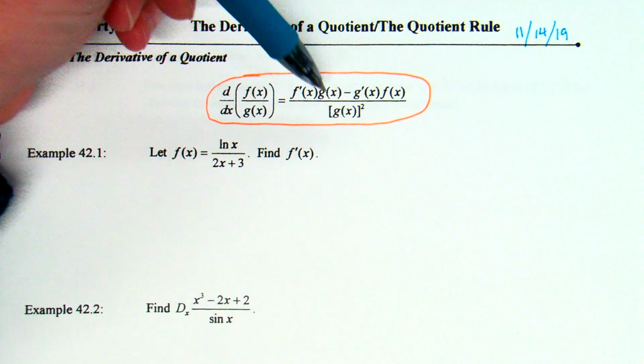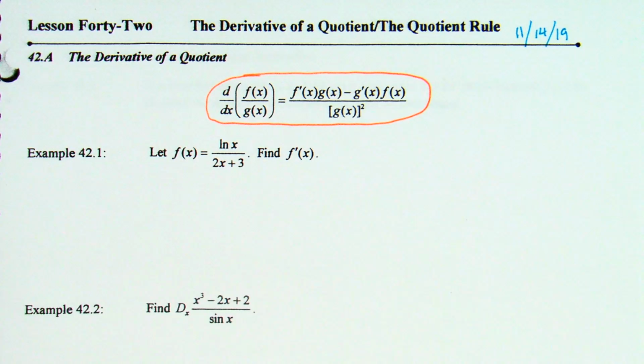It'll always be minus. Always minus in the quotient rule. Product rule is always plus. Quotient rule is always minus. Just in general, it's kind of like when you multiply with exponents and divide with exponents. The adding goes with multiplying, the subtracting goes with division.